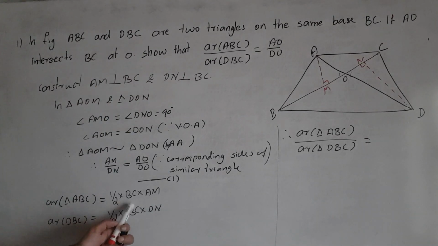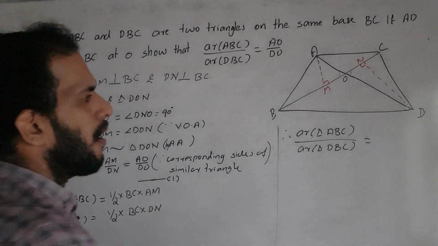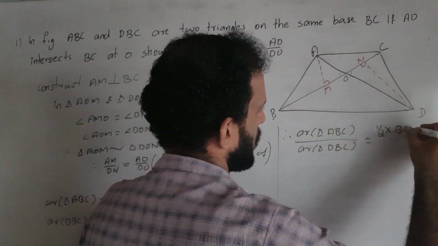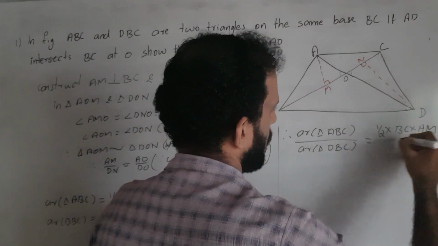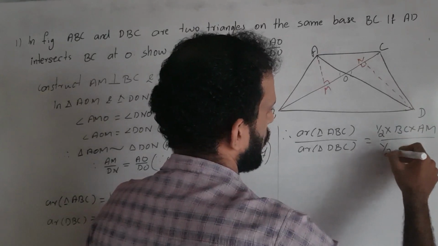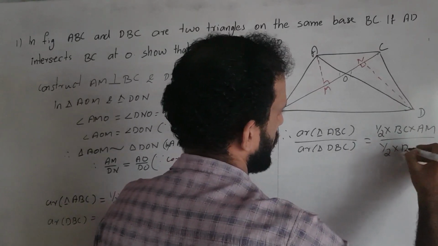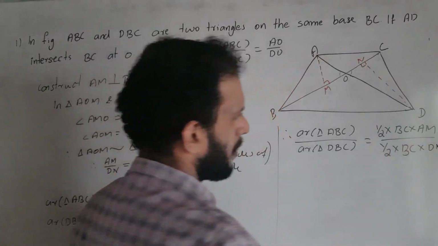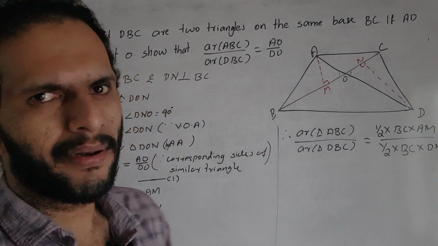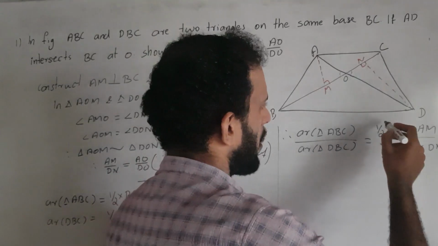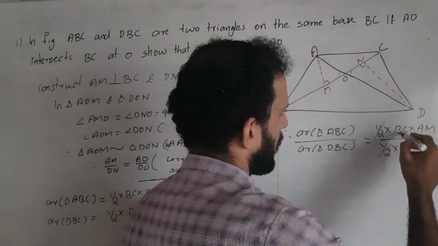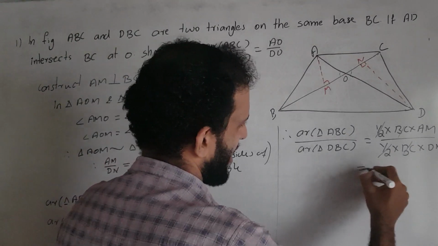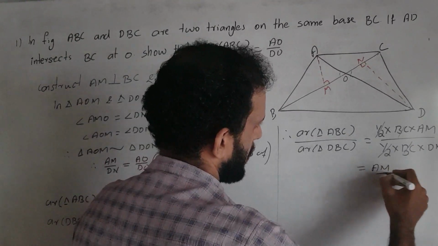Half into BC into AM by half into BC into DN. Correct? Then what is common in the numerator and denominator? Yes, half and BC are common. Then we cancel half and BC. What is remaining? Yes, AM by DN.